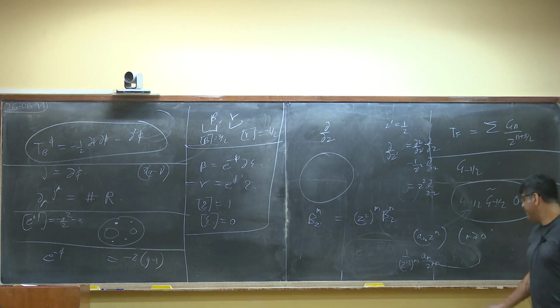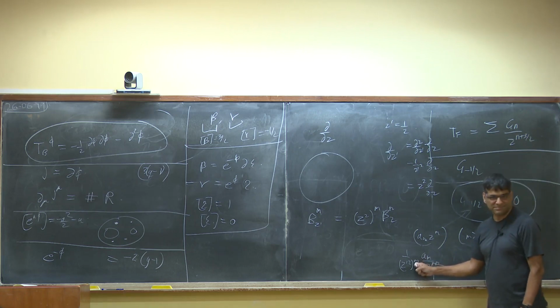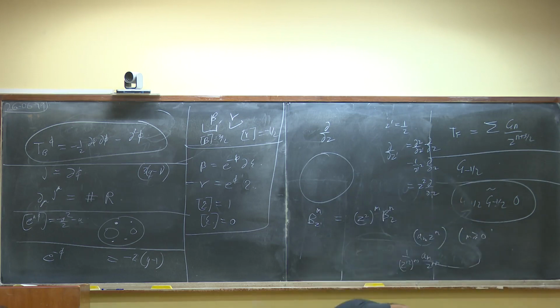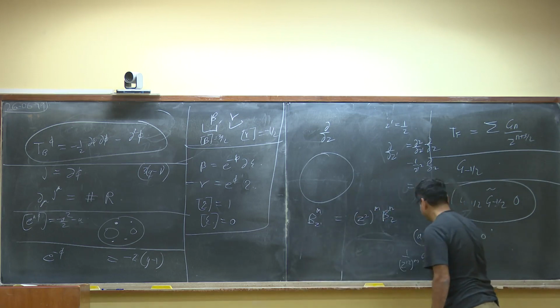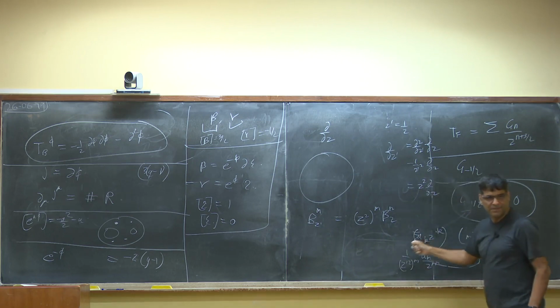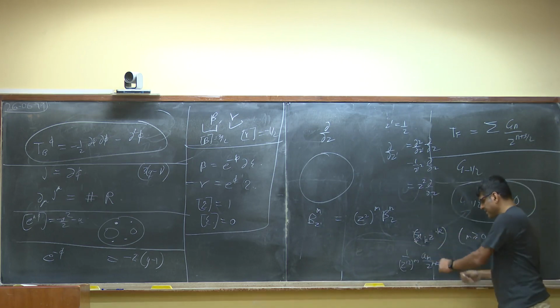Now, if m is positive, it's some positive integer, then, sorry, I used m for two different things, let's call this k. This is a sum over k. You understand, right? This is a formal sum.